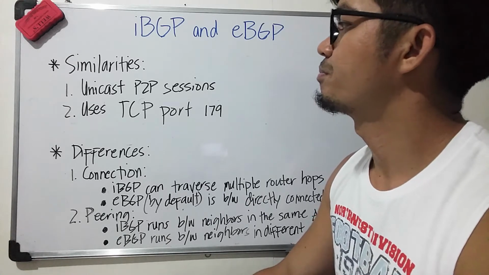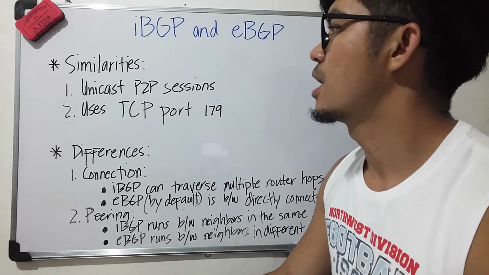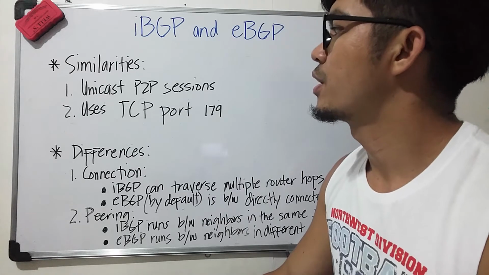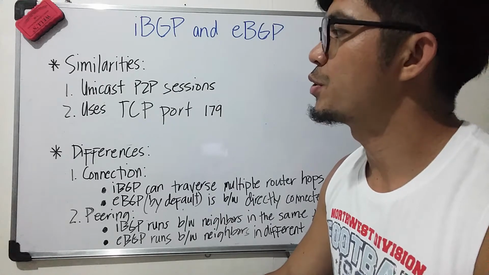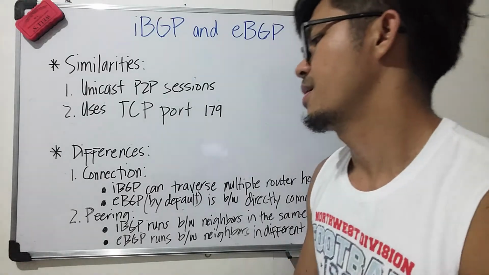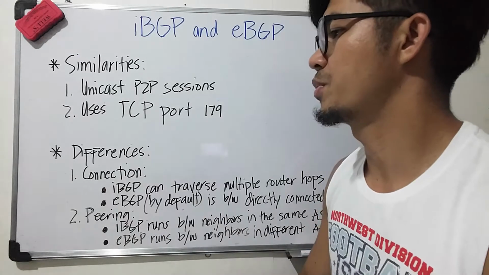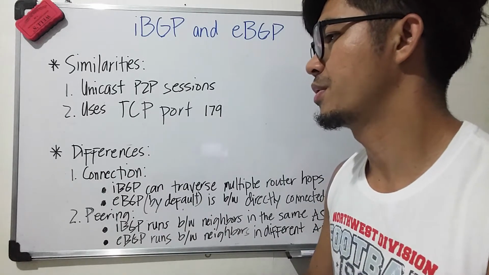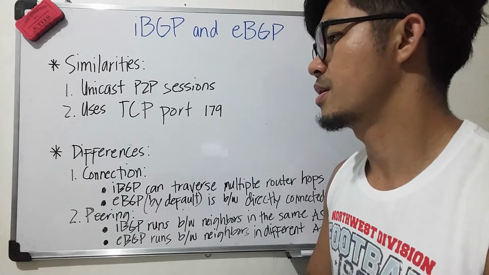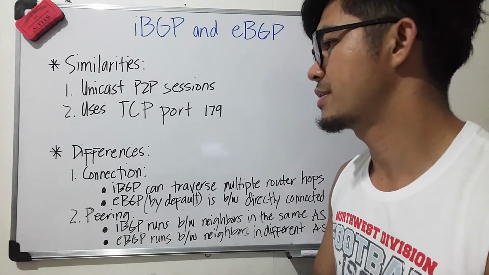So let's talk about the similarities. Both use unicast point-to-point sessions. This happens when you configure the neighbor statement on both routers.